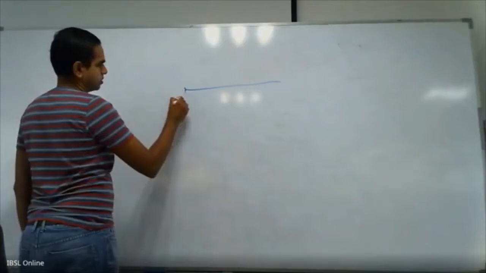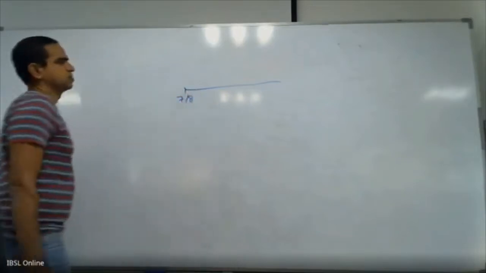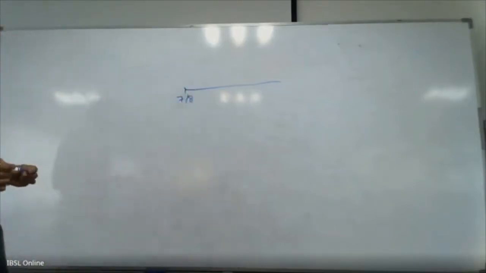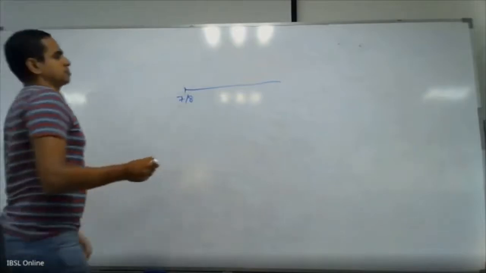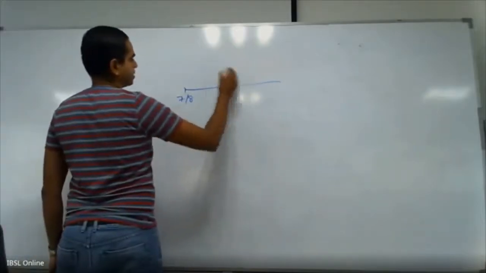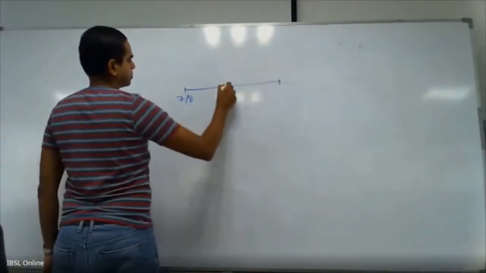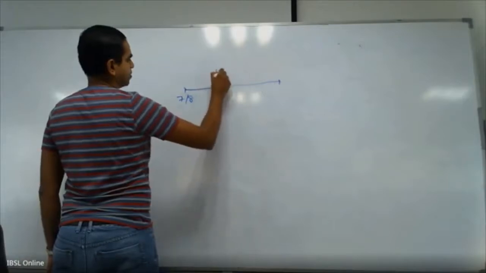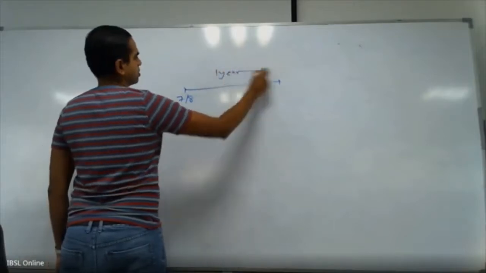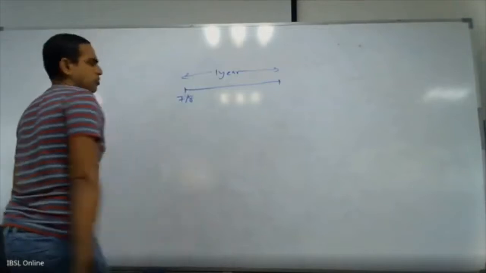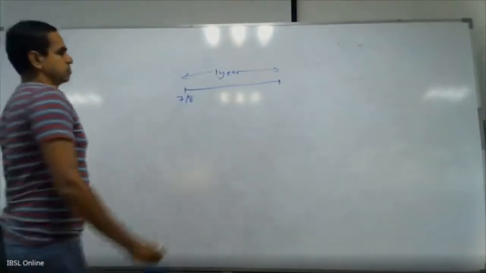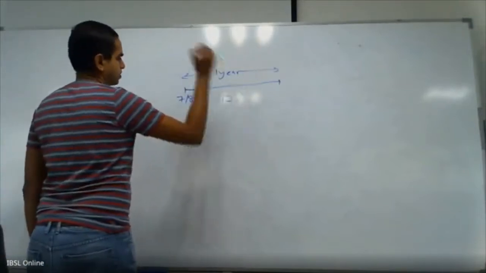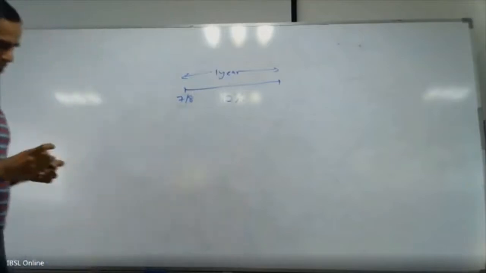Let's say today is the 7th of August. We'll assume that your bank has a 1-year personal loan rate at 10%. You're giving 1-year personal loans at a rate of 10%.